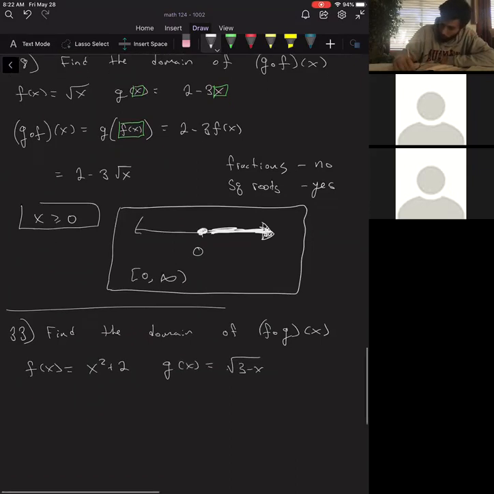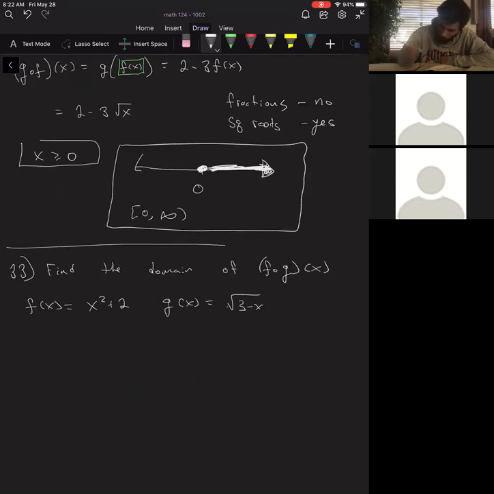Just like before, the first step is to figure out what f of g of x equals. So we write f of g of x. With f, we're plugging g of x on the inside, and whatever we plug in just goes right here. So this equals g of x squared plus 2, and g of x is the square root of 3 minus x.